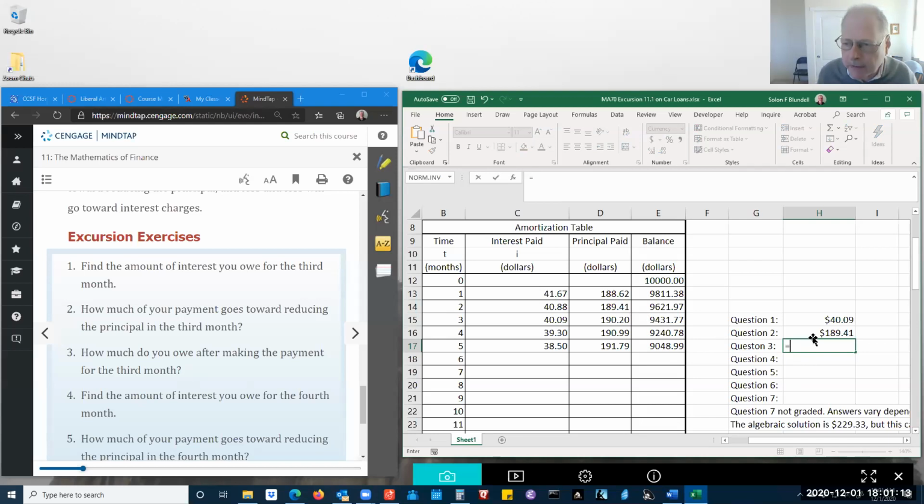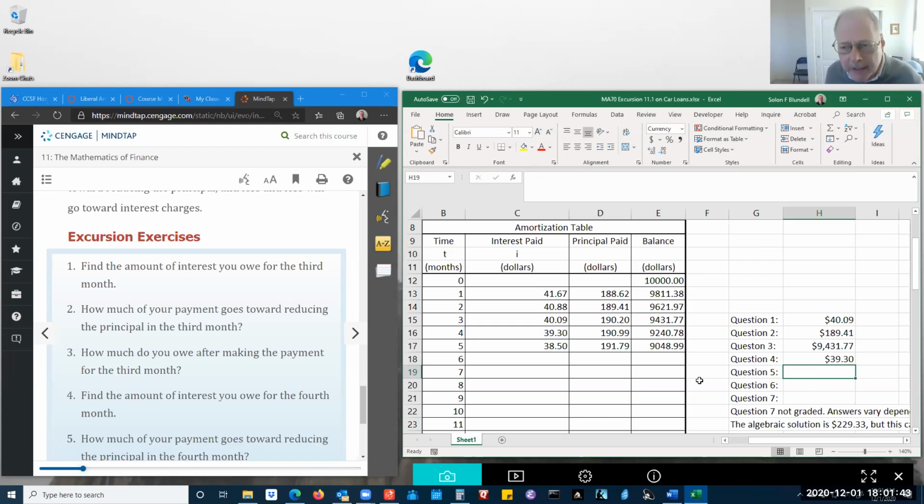No, wait, this was supposed to be the third month. Month 3. Sorry. Okay. Third month principal owed after making the payment. $94.31.